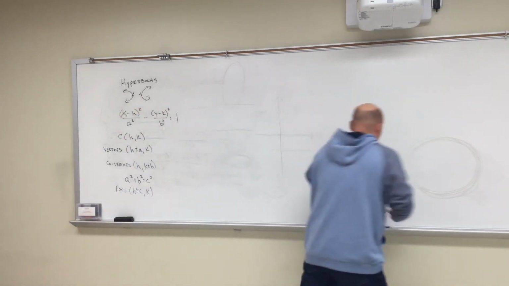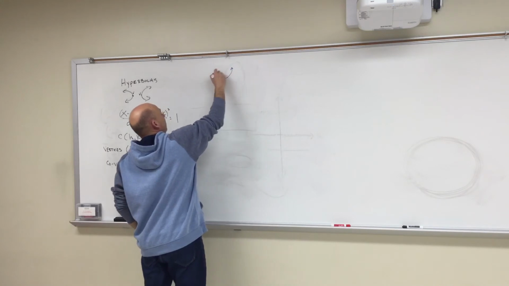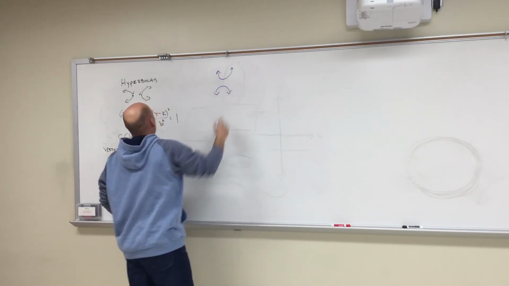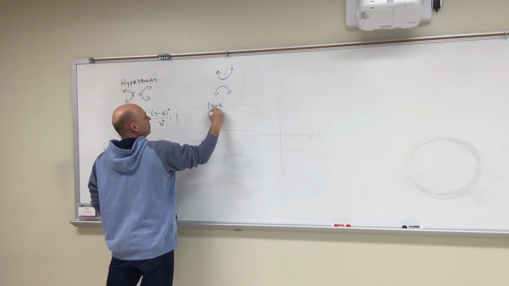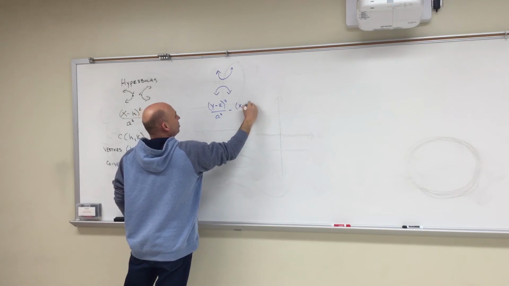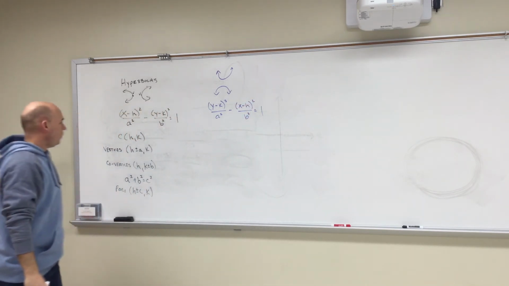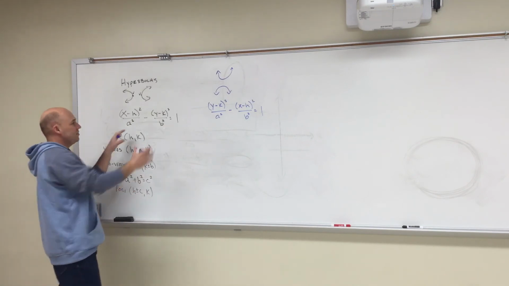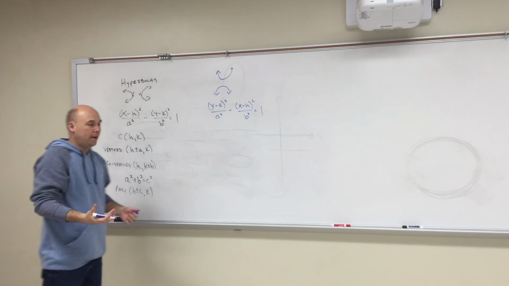If you want a hyperbola that's going up and down, again, it's basically the same idea as an ellipse. Your formula is going to be (y minus k) squared over a squared minus (x minus h) squared over b squared is equal to 1. Notice the only thing that's really changed is the x and y have switched, and if y comes first, it's got to point up and down.